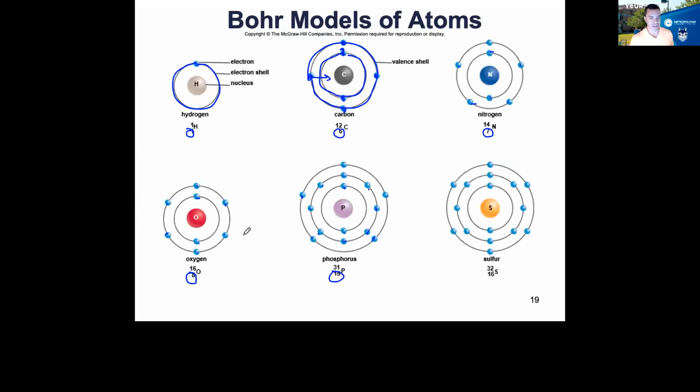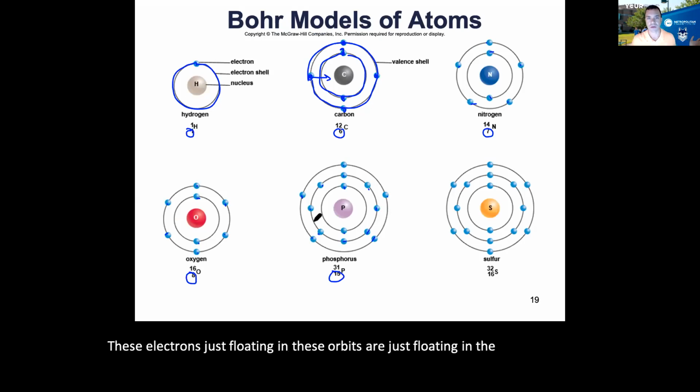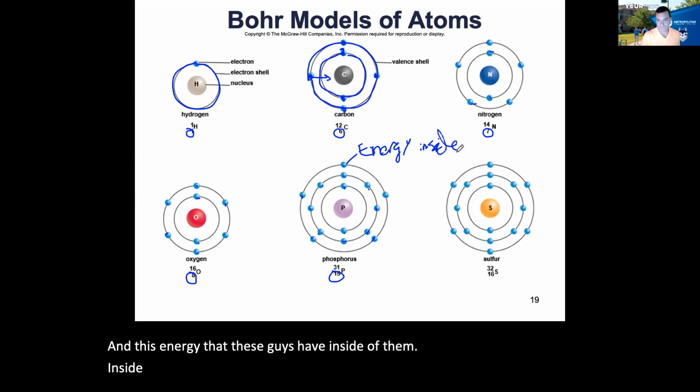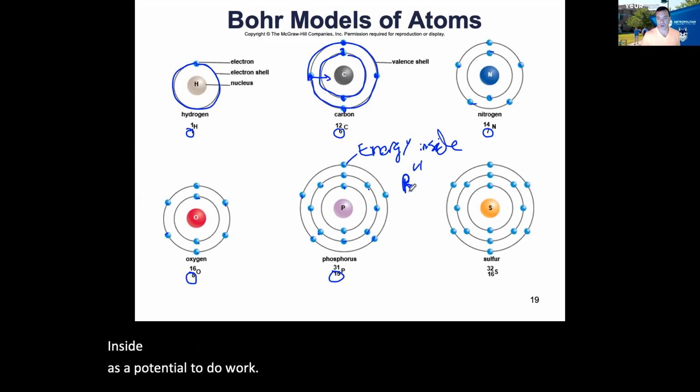These electrons are just floating in these orbits. Okay? But they have energy with them. And this energy that these guys have inside of them has a potential to do work. Potential.